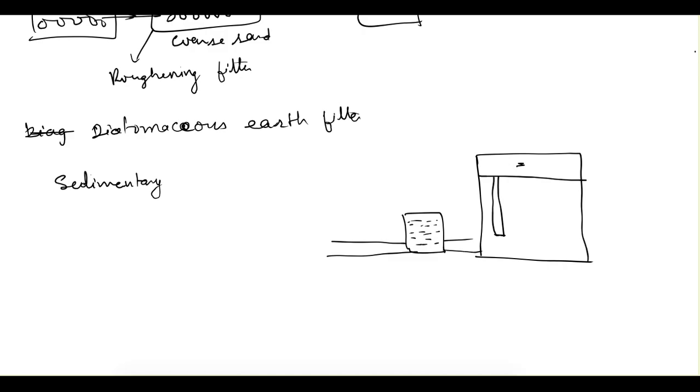Initially raw water is fed, and along with the raw water the diatomaceous earth will come. As this water goes through the mesh, the diatomaceous earth will stick on this surface, so it makes a filter on this surface, and after that filtration happens.